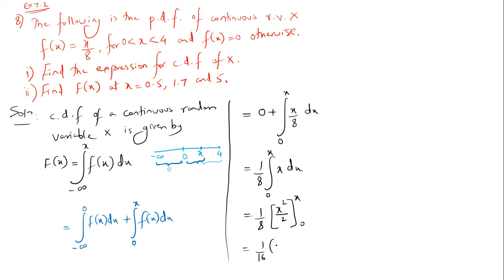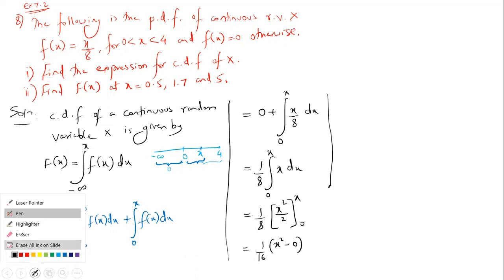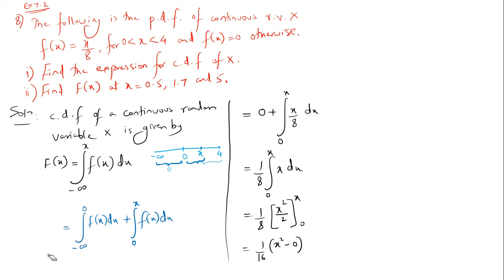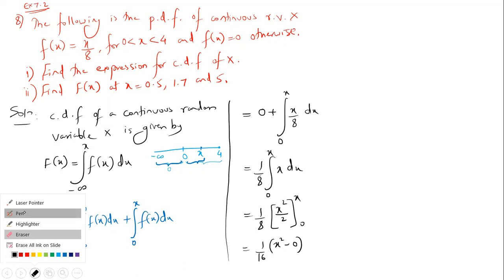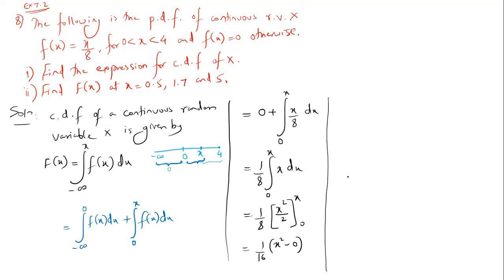If I put the upper limit, I get x square. If I put the lower limit, I get 0. And finally, x square minus 0 is x square only. So x square upon 16 is the answer. That is what you get for capital F of x.